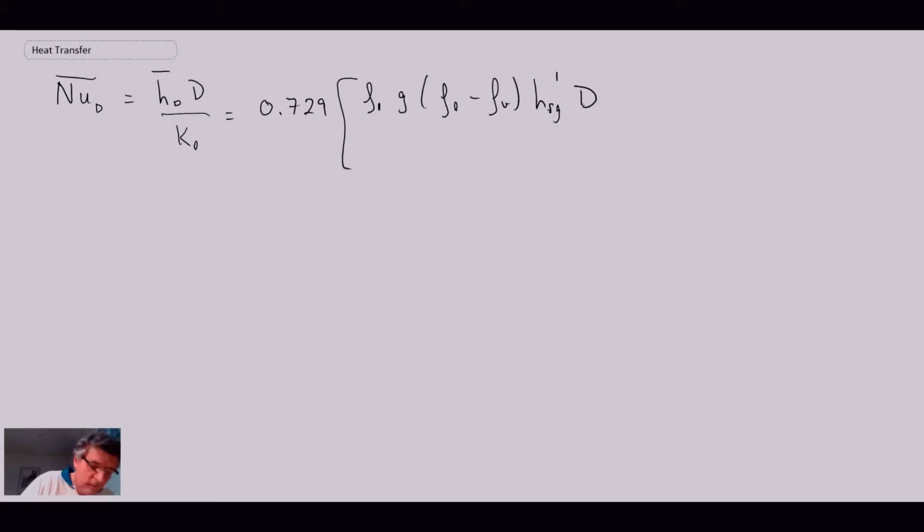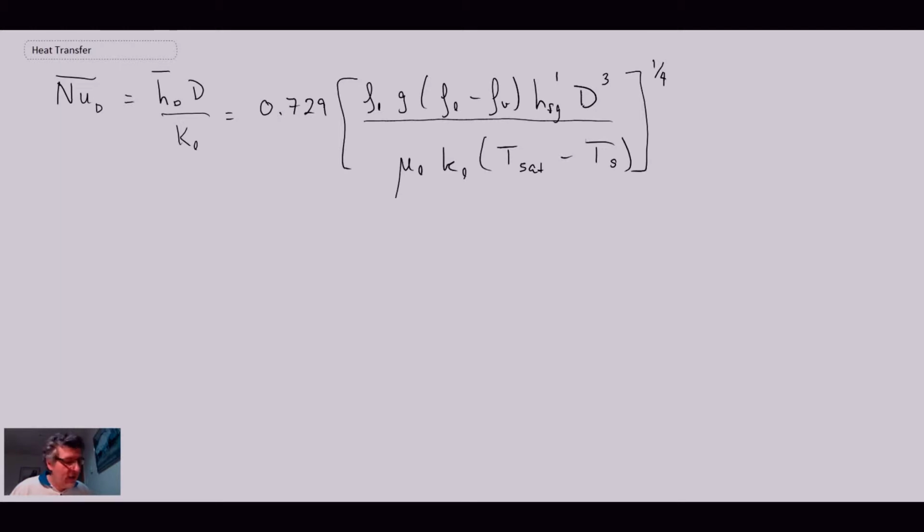Now the correlation that we use here, we're going to begin with for a single horizontal tube, and this is assuming laminar flow. We can plug in all of the different values that we obtained out of the tables, as well as our modified heat of vaporization.